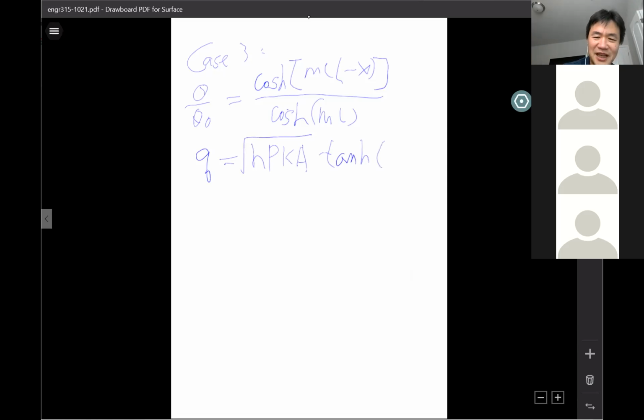Is that tanh? Yeah, let's say tanh. So what is a tanh? In the textbook, tanh means sinh divided by cosh, just like tangent is sine divided by cosine. So you calculate the sinh first and the cosh, then one divided by the other is tanh.